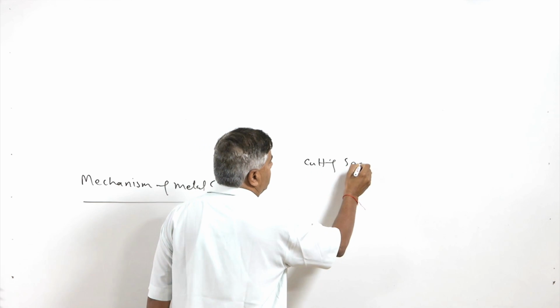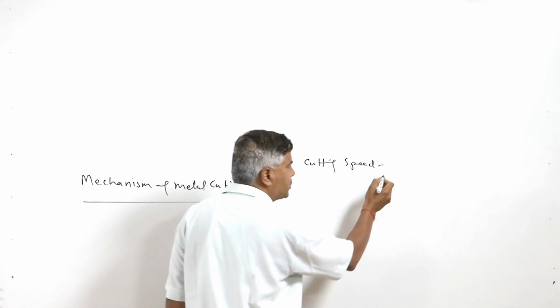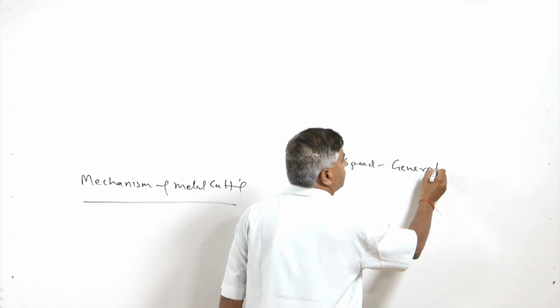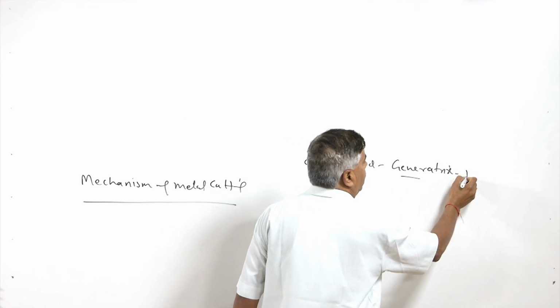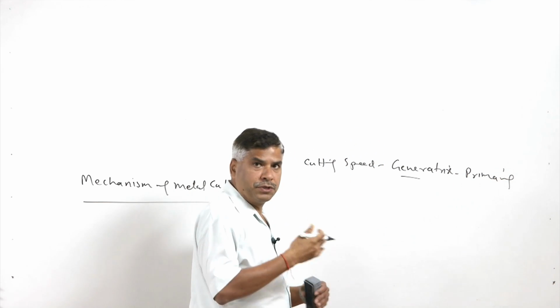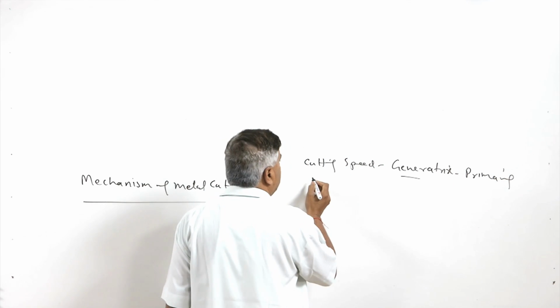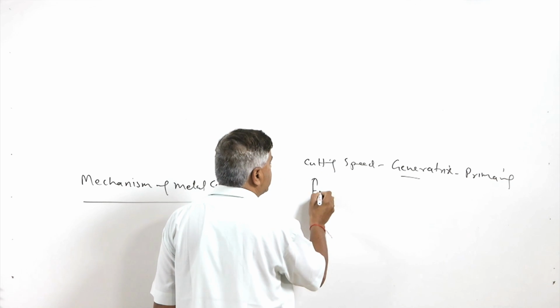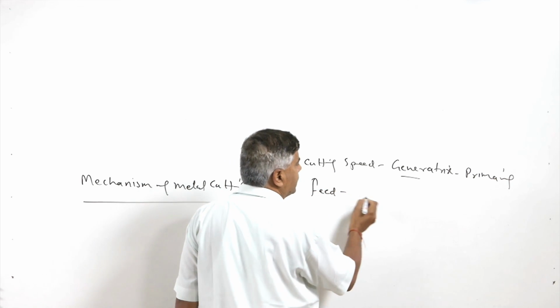Cutting speed leads to the formation of the generatrix. This is called primary motion. It determines the rate at which material will be removed. In addition to the cutting speed, the feed is another movement.